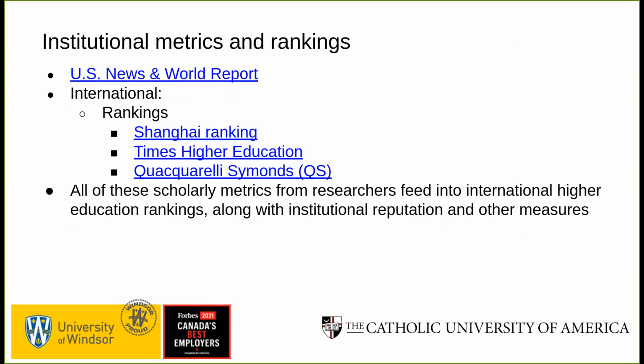Typically, these have a mixture of institutional reputation as assessed by others, citation numbers, so research publications, things like significant awards, grants, patents, the internationalization of its faculty and of research collaboration, student satisfaction measures. A number of things go into ranking these.